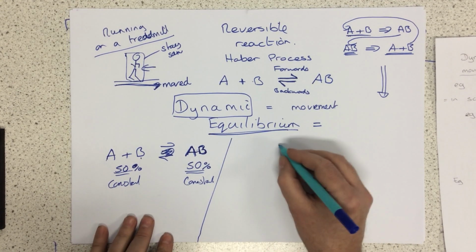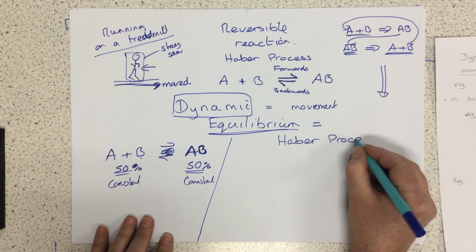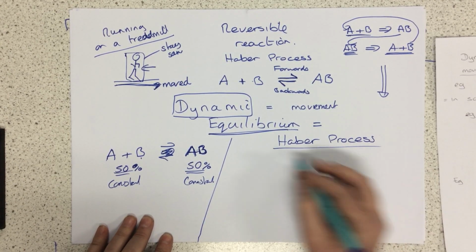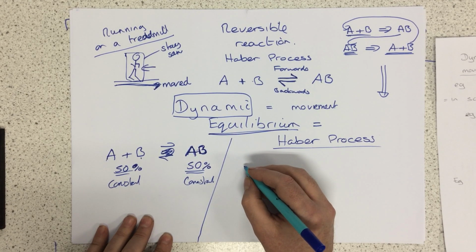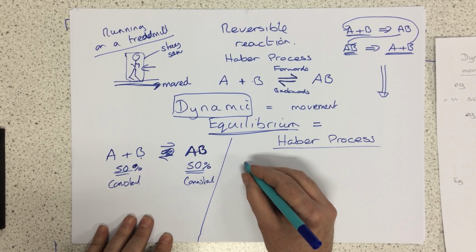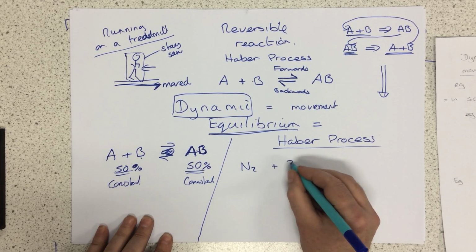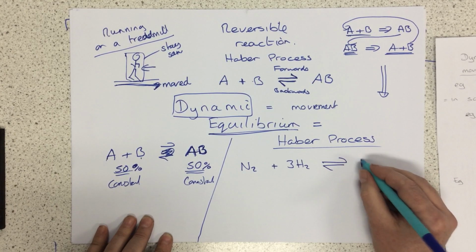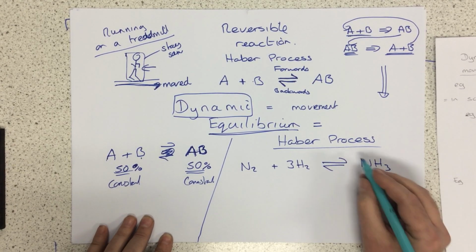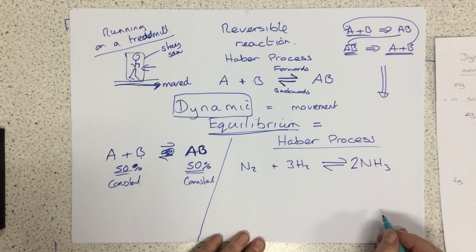Now, our really common example that we see, which is the Haber process, is the process by which we get ammonia from air to make ammonia for fertilizers. And in that case, we have nitrogen as a gas plus hydrogen as a gas, and that makes ammonia as a molecule, or a compound in a molecule.